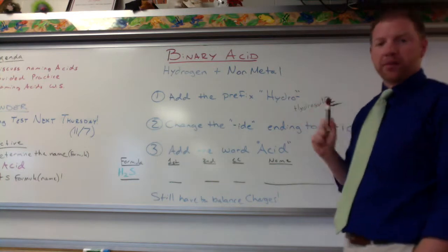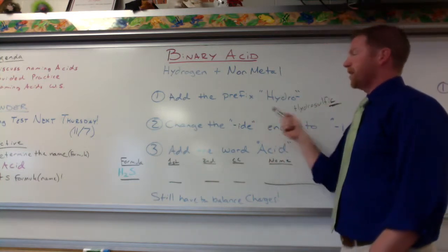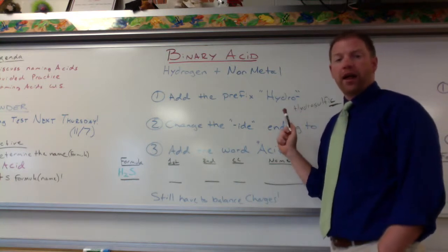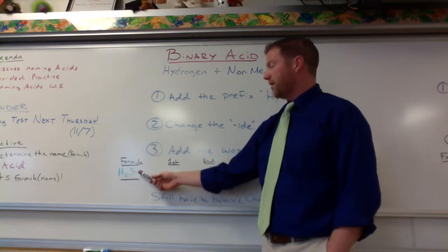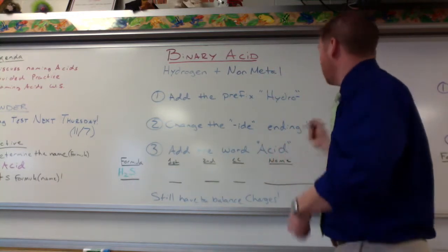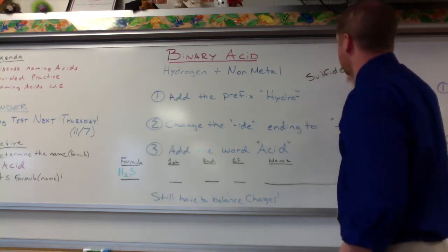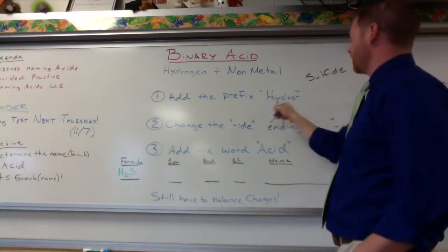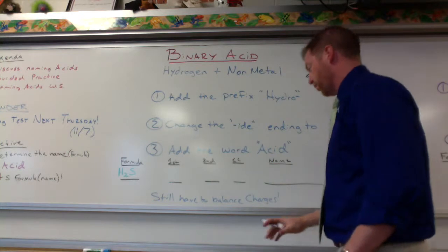So there's three simple steps to naming an acid. The first step, we're going to add a prefix hydro to whatever our element is. For example, I have H2S down here. Originally, just the S being a part of a compound would tell me that it has to be sulfide. Now, since I have a hydrogen at the beginning, I'm going to make it hydrosulfide.